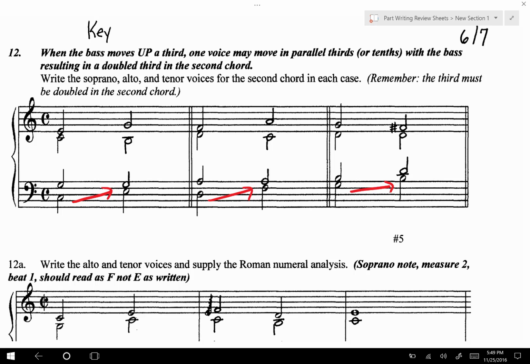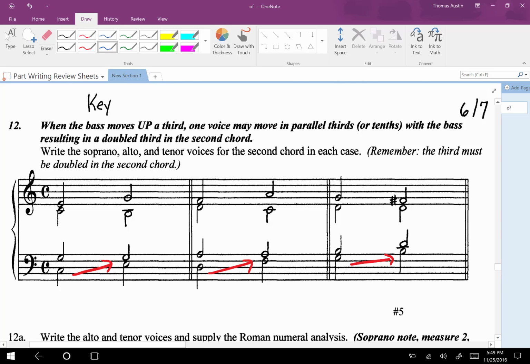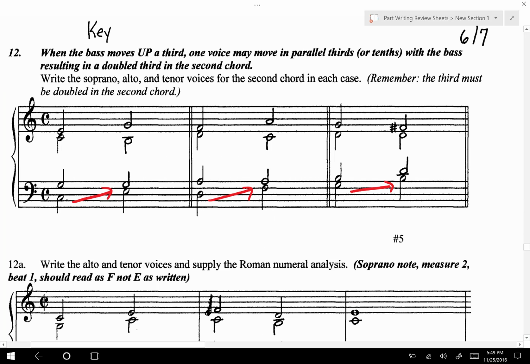So, the bass moves up by a third. Let's find where the parallel tenths, or the parallel thirds, are in each chord. We'll always compare it with the bass. So find the parallel third with the bass. It's in the soprano.